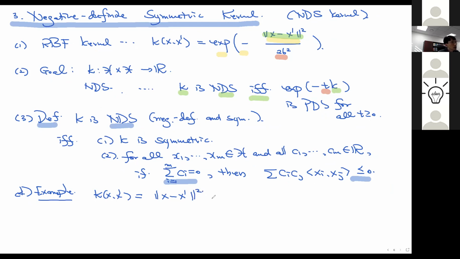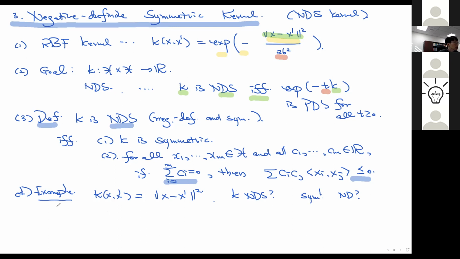Then we may ask, is K going to be NDS? This is obviously symmetric, so we don't have to worry about the symmetry requirement, but the more difficult part is whether it is negative definite. That's something we need to check.